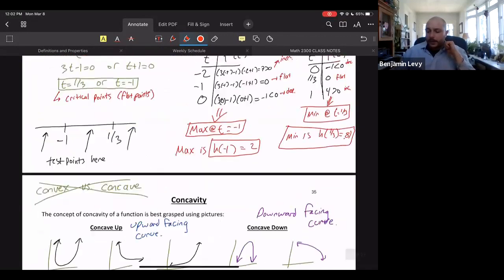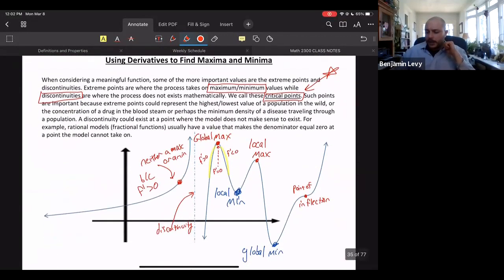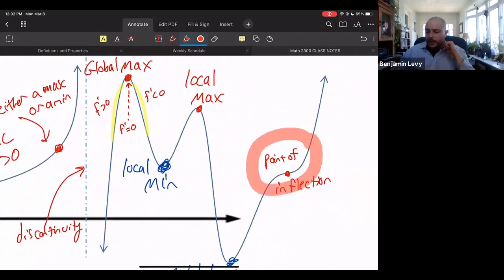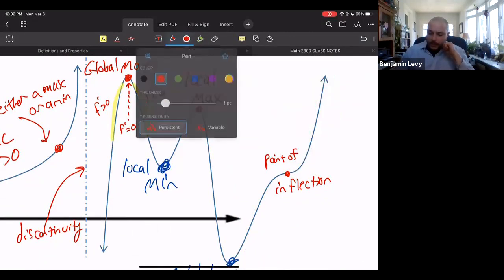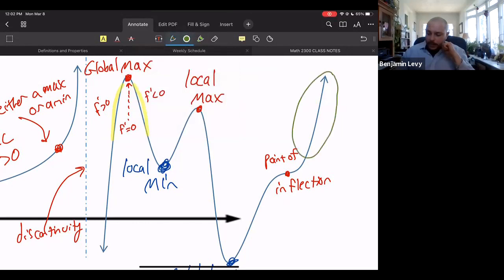So let's go back up to that first picture that we looked at at the start of class that we mentioned last time, right? If we look at this point of inflection, before that, it's concave down, and after it, it's concave up, right? Maybe we can add those words to this picture. On this piece, oops, I meant to do that in pen. On this piece, we have concave up. Hopefully you can see that now, right?